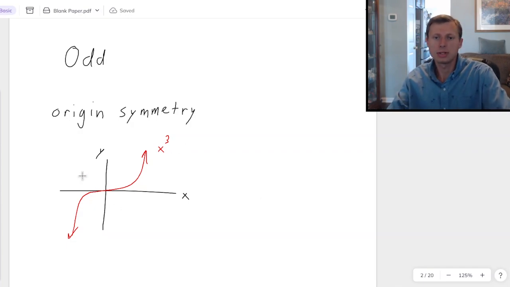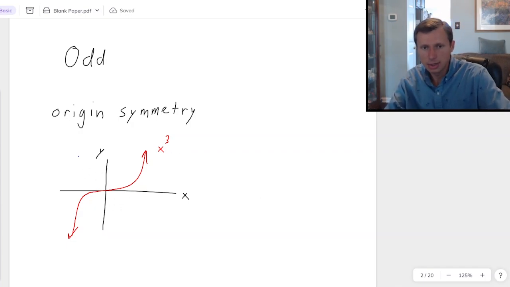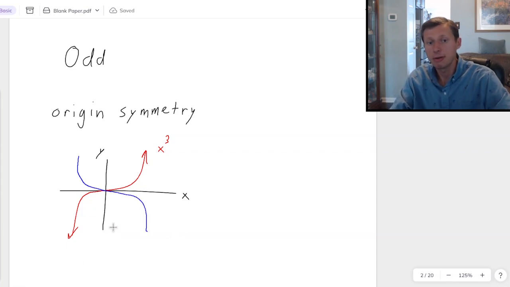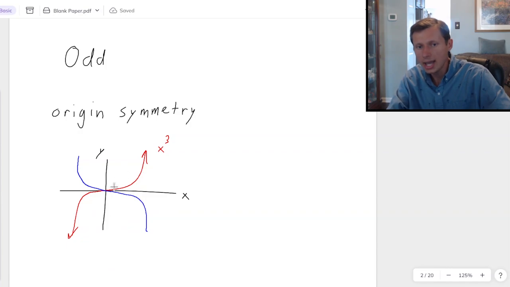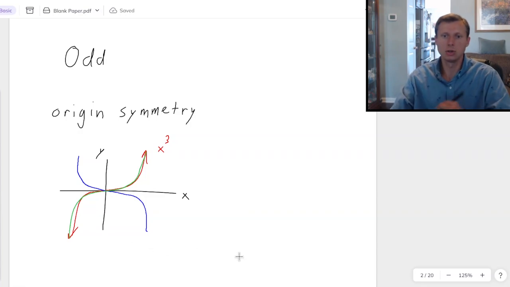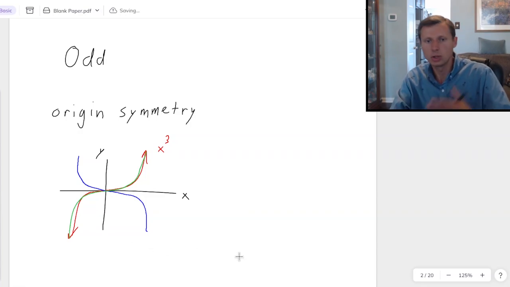If I flip it along the x-axis, it will look like this blue line. Then if I flip it from here along the y-axis, it is going to look like this. And as you can see, it perfectly falls along the red line. If you don't see how I did this or you're still confused, that's okay. I think it's just going to take some time for you to fully understand this origin symmetry concept.